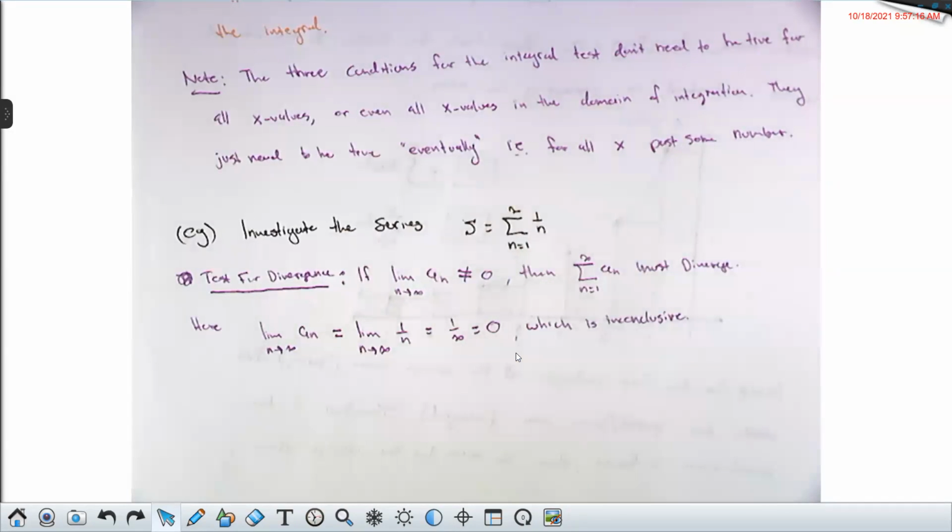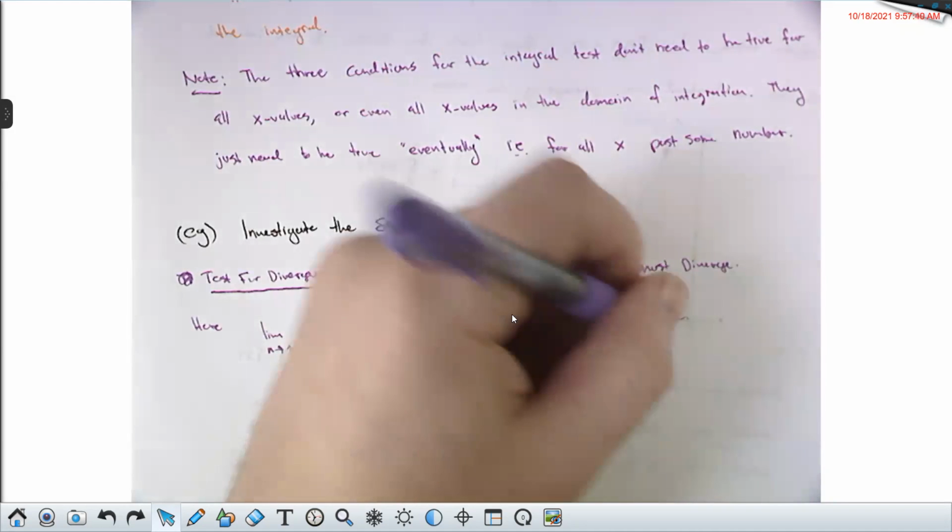So I could say, if you give me a lighter, I will burn down the school. If you don't give me a lighter, I could still burn down the school. Maybe I got my own, right? This says, if the limit is non-zero, then the series must diverge. Well, okay, the limit is 0. So the series could diverge or converge, either one. We don't learn anything. This is inconclusive.